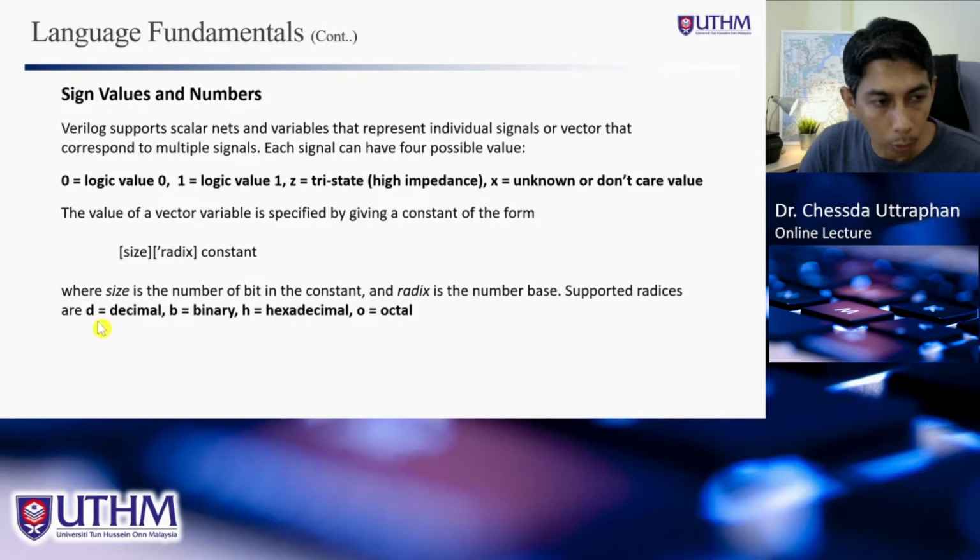The size is in bits, whether your data or signal is 1 bit, 2 bit, 3 bit, or any other size. For the radix, if you have D, the number will be a decimal number. If you write B, that number will be binary. If you write H, the number will be hexadecimal. If you write O, the number will be octal.